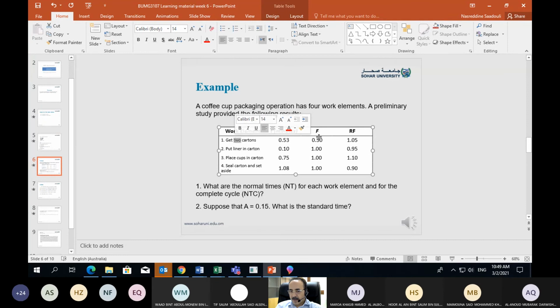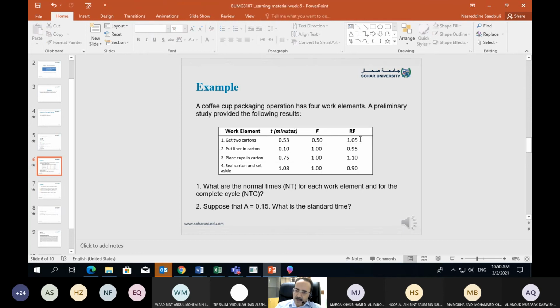That's why F is only 1/2. Because I have 2 cartons, the time for only 1 will be half of the time I take for the 2 cartons at the same time. That's why this is 1/2. Whereas for the others, like put the liner in carton, it's per carton, so F is only 1.